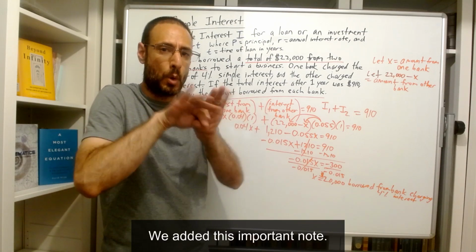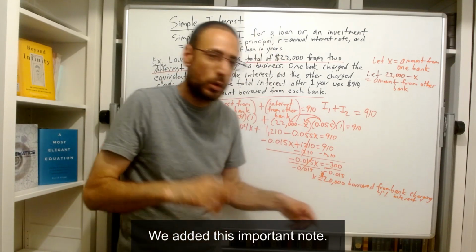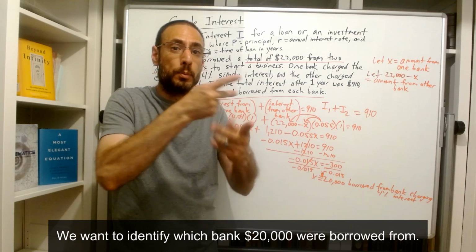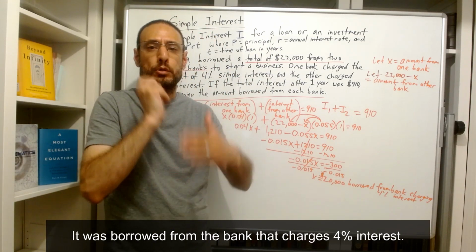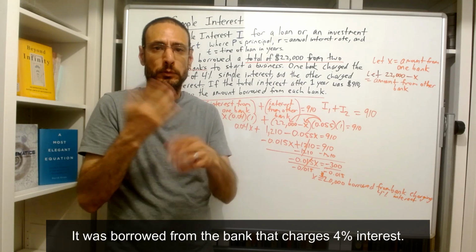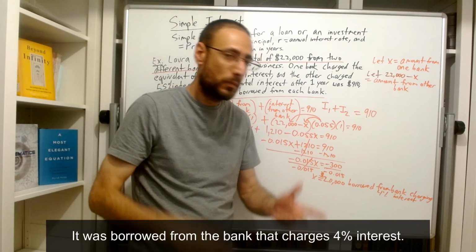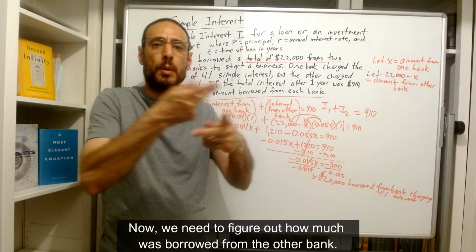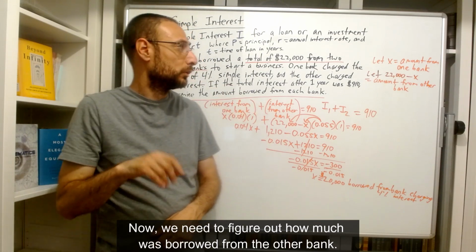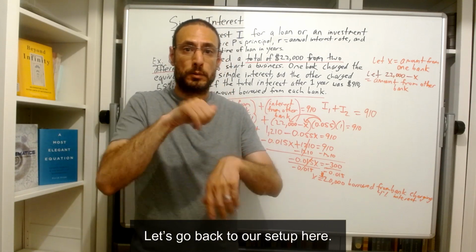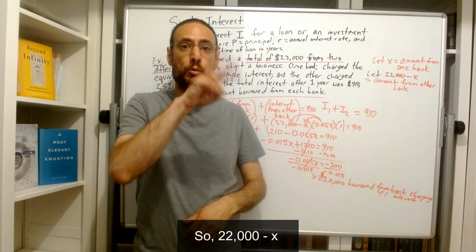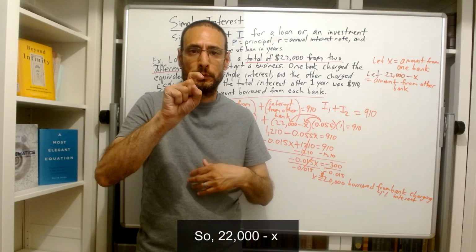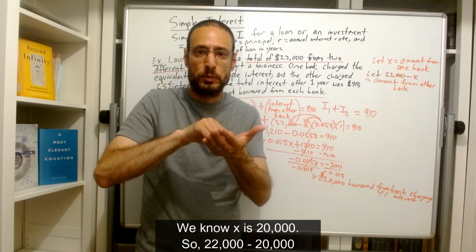We added this important note. We want to identify which bank $20,000 were borrowed from. It was borrowed from the bank that charges 4% interest. Now, we need to figure out how much was borrowed from the other bank. Let's go back to our setup here. So, 22,000 minus X. We know X is 20,000.